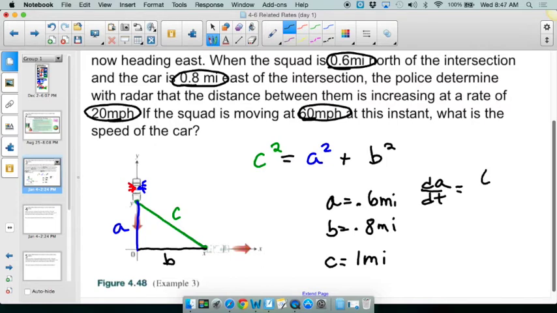Okay, now here's our unit of length, here's our unit of time. At that rate, is that rate causing the length A to get bigger or smaller? Smaller. Does that make sense? The squad is driving and that 0.6 is getting smaller and smaller as the squad's approaching the intersection. That distance is decreasing.